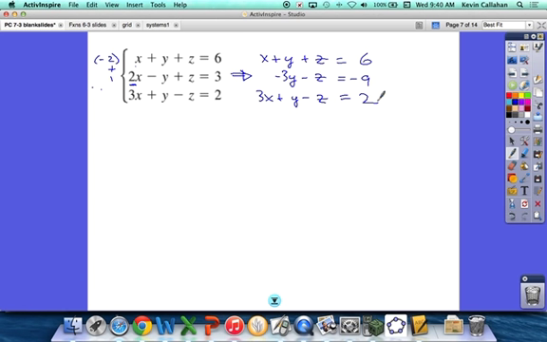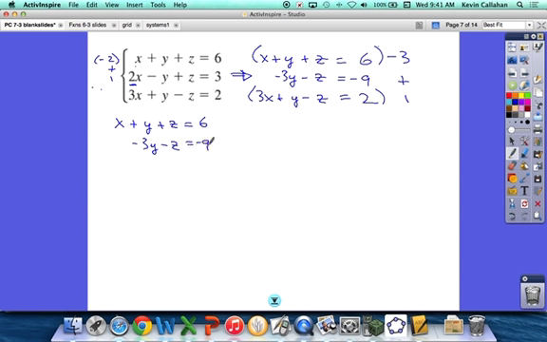Okay, now how can I make a 0 in this spot? Let's take this line right here and multiply it by -3, and we're going to add it to the bottom one right there, and we'll replace the last line with that. So the first two lines are the same. x plus y plus z equals 6. -3y minus z equals -9.